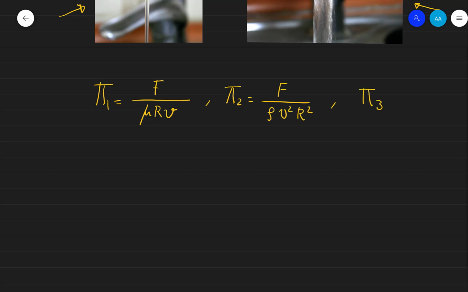With any power law monomial of these two dimensionless quantities, we may obtain other dimensionless quantities. For example, Reynolds number.